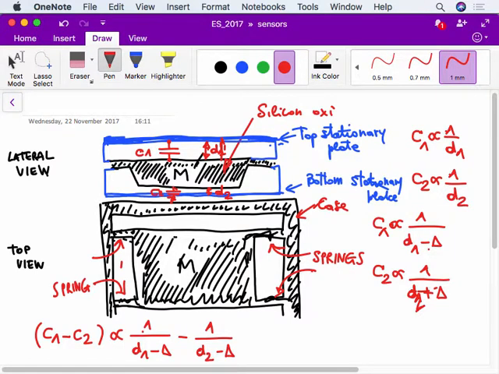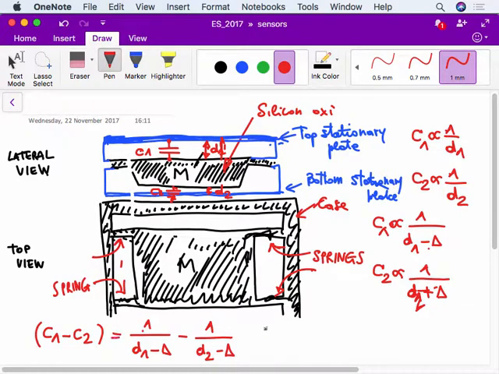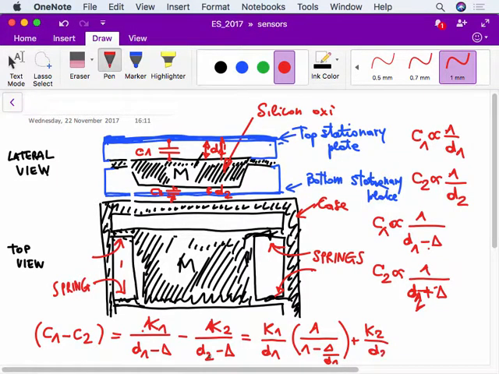Let's add some proportionality constant. Let us call, so that it's easier to write, let us call this K1 and K2, two constants, and therefore we can divide in this way: 1 minus delta over d1 plus K2 over d2 plus 1 minus delta over d2.